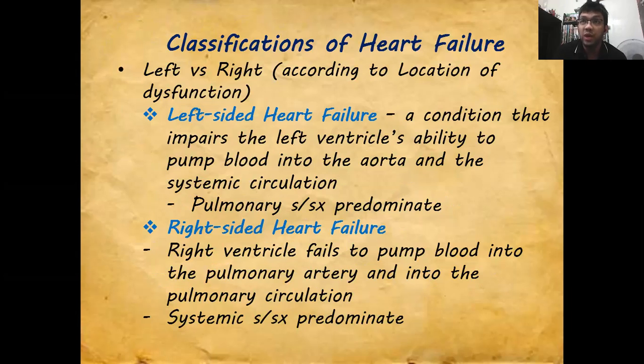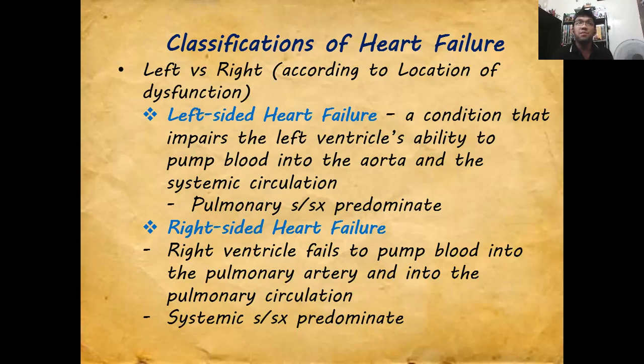Like in our previous discussion, I have already given you the preview of left-sided heart failure. This is a condition that impairs the left ventricle's ability to pump blood into the aorta and the systemic circulation.